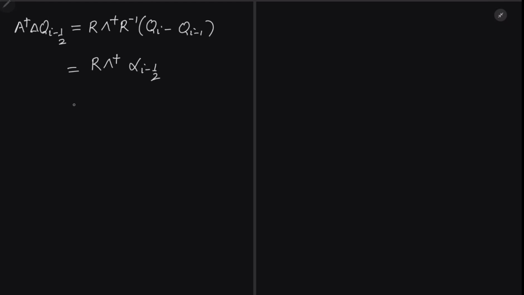The complete equation is a plus delta q i minus 1 half, r omega plus r inverse qi minus 1, and that will be equal to alpha i minus 1 half, and we have, for example, in the scalar component form, lambda p plus alpha p i minus 1 half and rp, and we can write it as a plus delta q i minus 1 half.